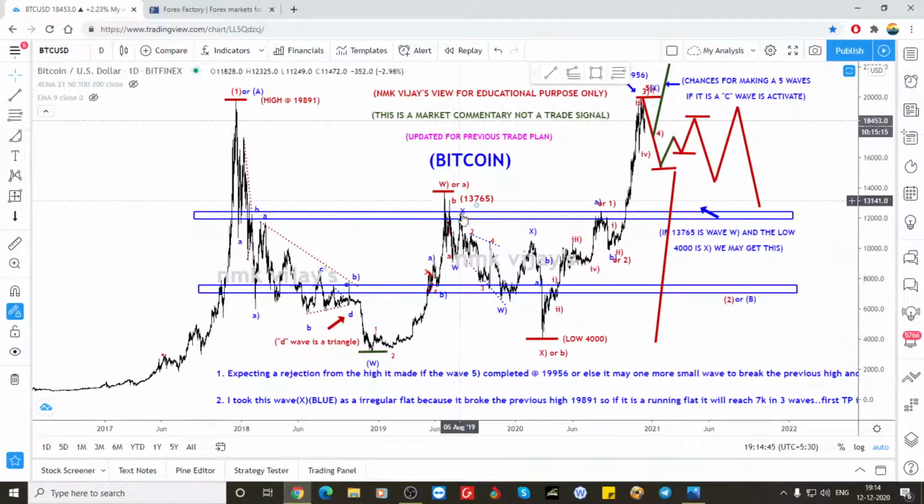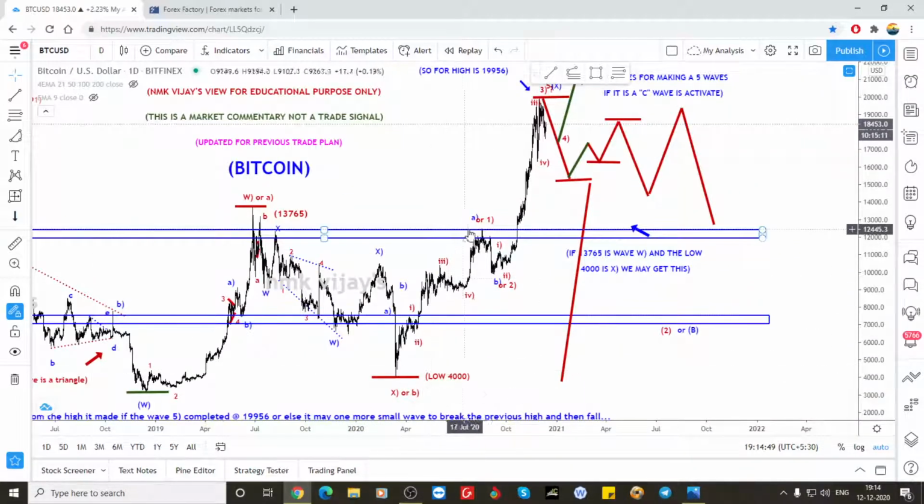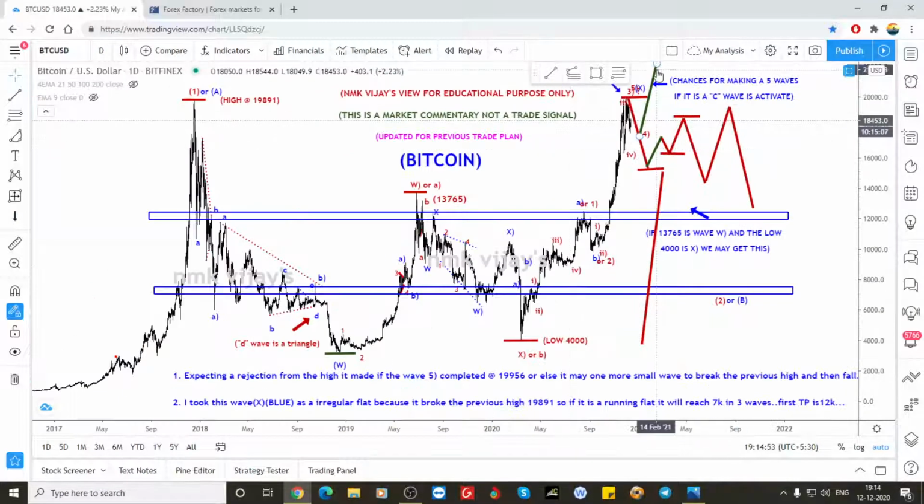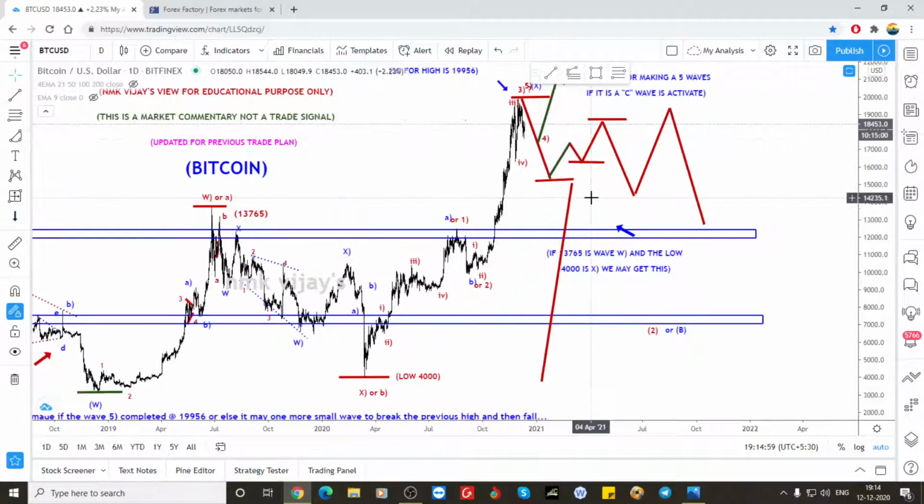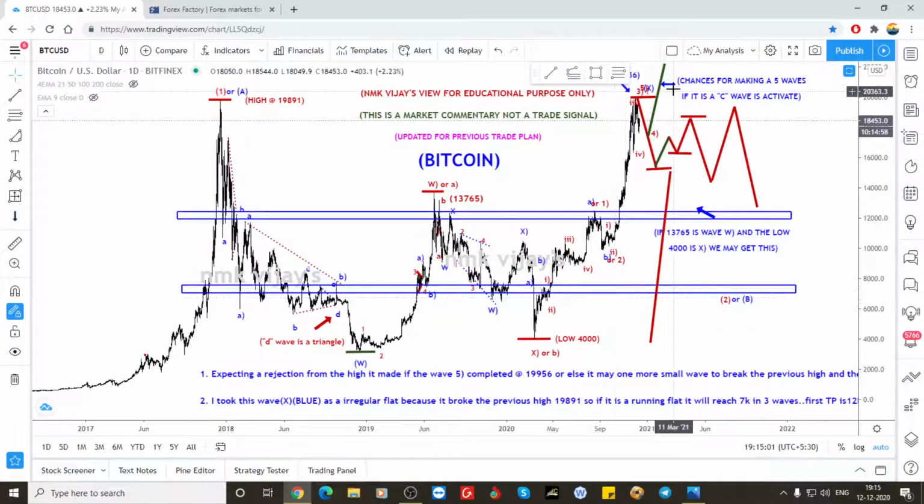So if this is a W, X, A, B, C, and here the C is a B, C, and that C contains five waves, so 1, 2, 3, 4, and 5, 22k is also possible in that case. So here is the key: how it will move. If it did the three-wave structure, then the five-wave structure, we have to make it as ABC, where C is a B, C, and C contains a five-wave structure.